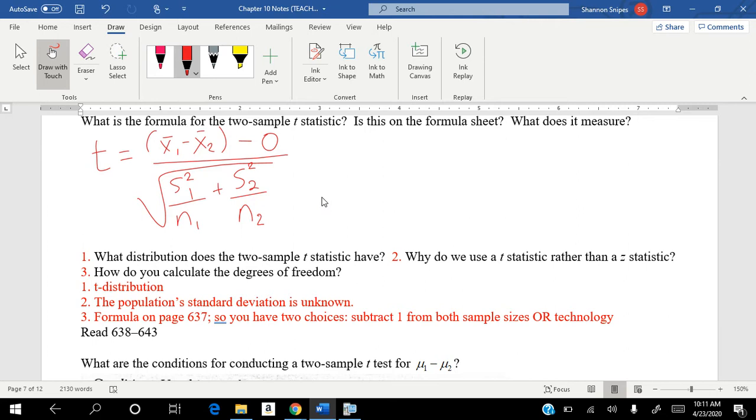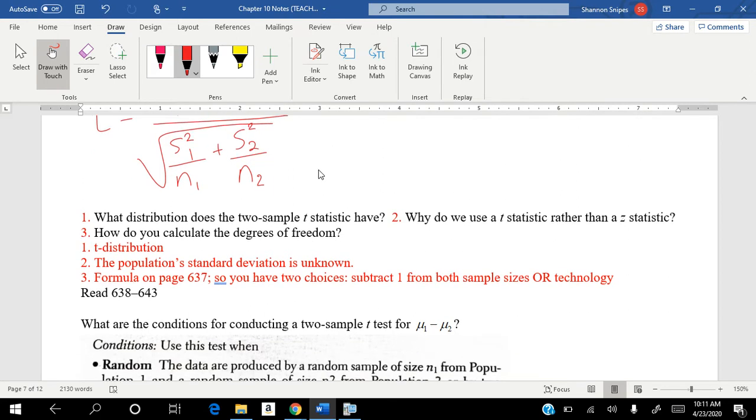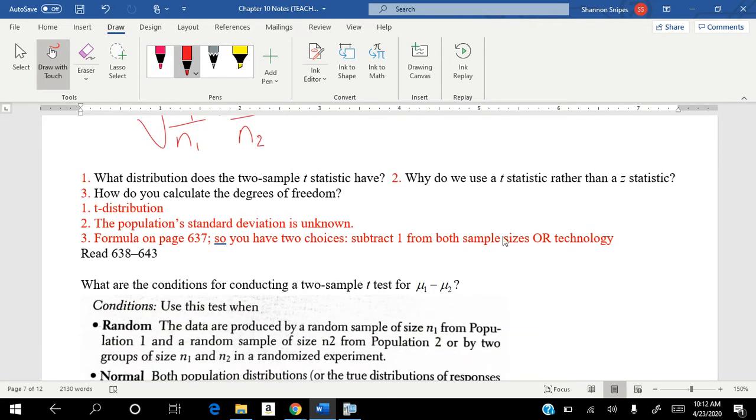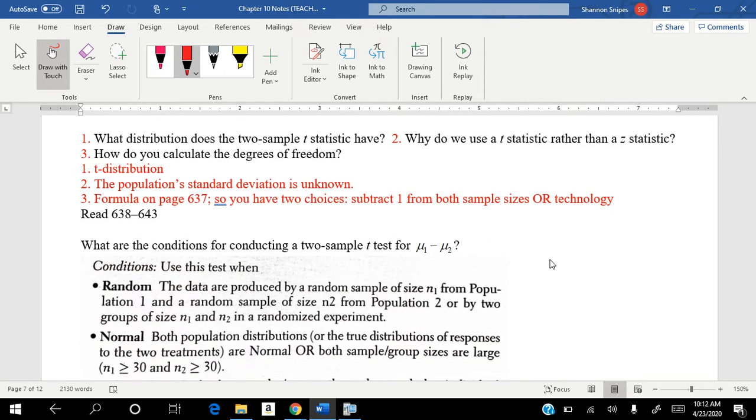We are going to either subtract one from both sample sizes, or we are going to use technology, and I will be sure to show you how to do both, because a t statistic has to have degrees of freedom, because as your degrees of freedom increase, the shape of your t distribution approaches normal.